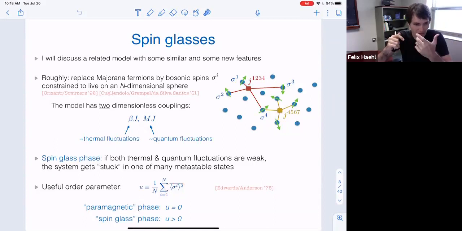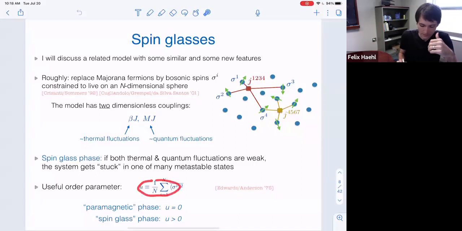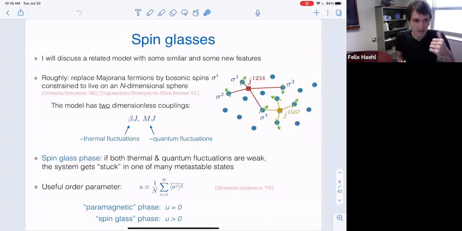The reason is that the local magnetizations, just the average of the one-point functions, would vanish if you disorder average. So you have to square them to get something non-zero, and this quantity indeed can be non-zero. And if it is non-zero, that's going to characterize the spin glass phase.